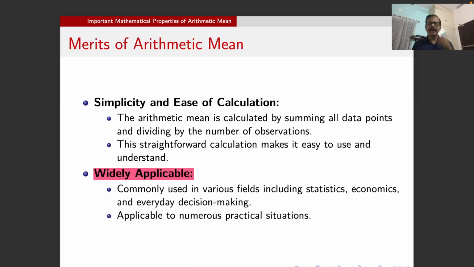It is commonly used in various fields, apart from statistics, economics and other decision making sciences, and in everyday situations. We use mostly this type of average. That's the arithmetic mean, and it has applications in numerous practical situations.